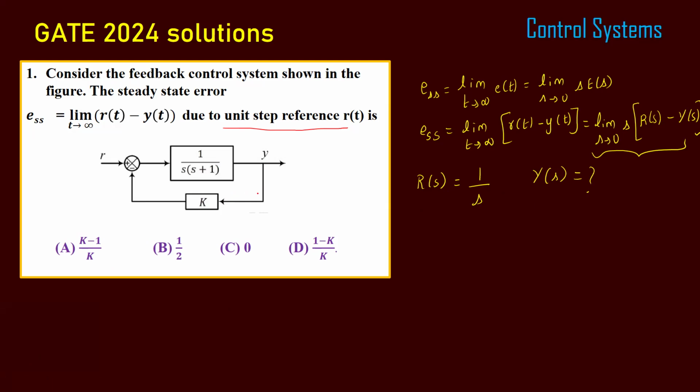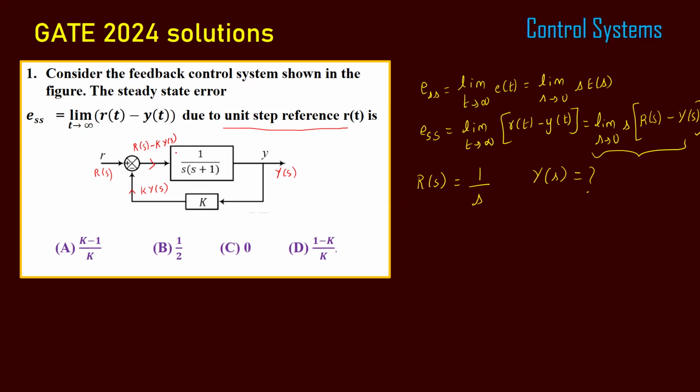See here, this is Y and the feedback is given as K, so this signal will be K into Y of S. I am writing R of S and Y of S. Here R of S is given as input for the adder and K Y of S is given as the other input for the adder: a positive R of S and a negative K Y of S. So this signal becomes R of S minus K into Y of S. This is given as the input signal for the system.